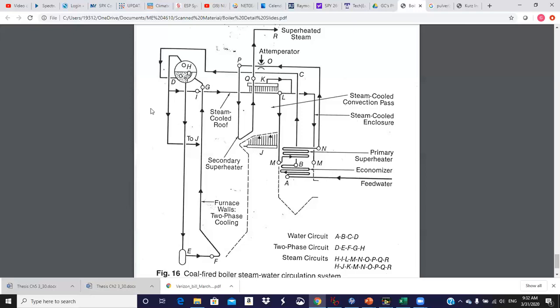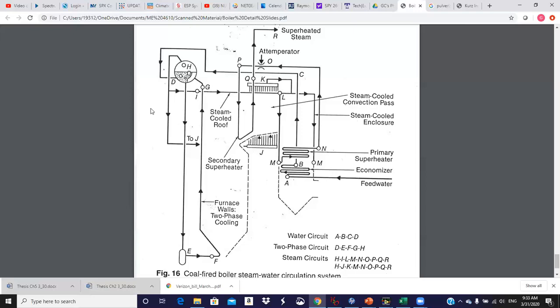O is the attemperator, where we can spray to control steam temperature. And see, we want to go in. We don't want to do that coming out of the boiler because what if that sticks open? We could put liquid water in that could potentially, if something fails, get to the steam turbine, which could damage the steam turbine.